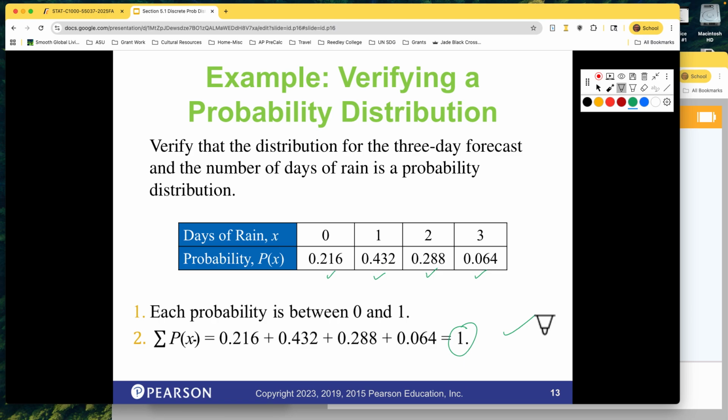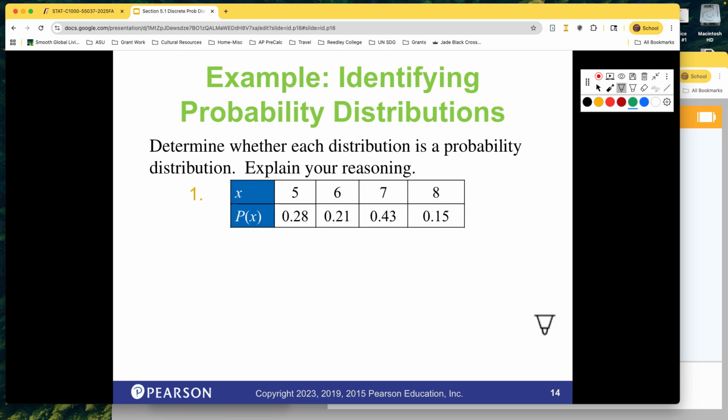Okay. We're going to look at another example. Is this a probability distribution? Well, we look at the first step. This is between 0 and 1. That's between 0 and 1. So they're all between 0 and 1. That's good. But if you add these together, what you're going to see, let's see, 5, that's 8. That's 9. 9 and 8 are 17. So there's going to be a 7.